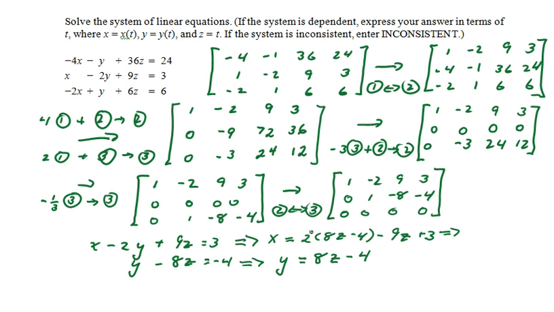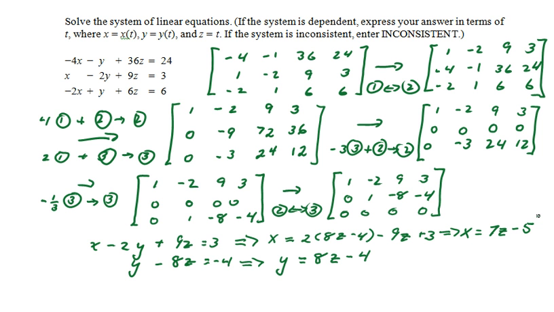So we have 16z minus 9z would be 7z, and negative 8 plus 3 would be negative 5. So x is 7z minus 5.